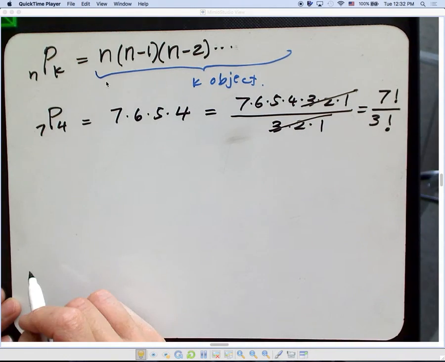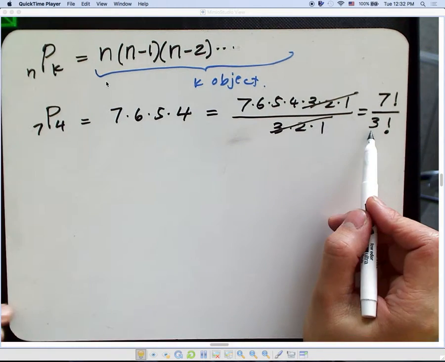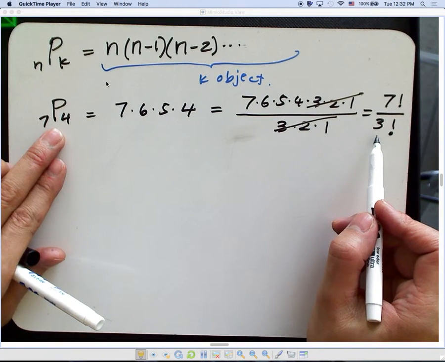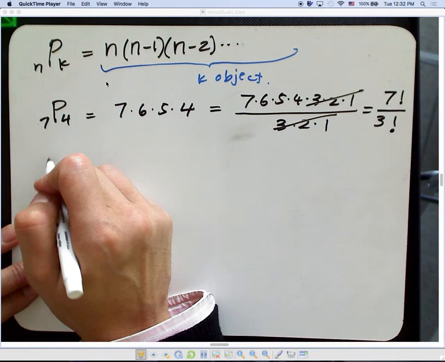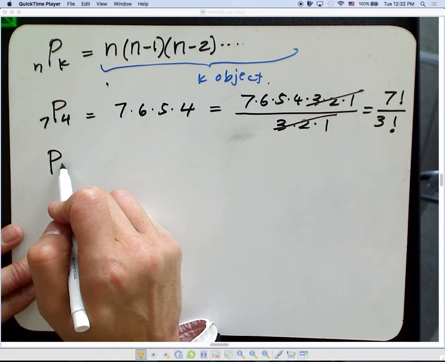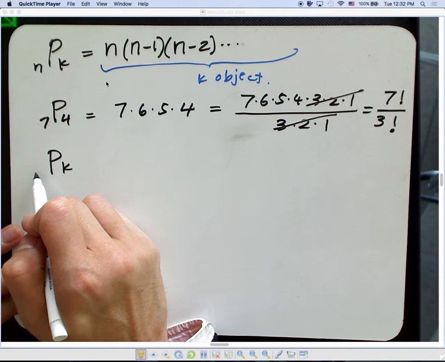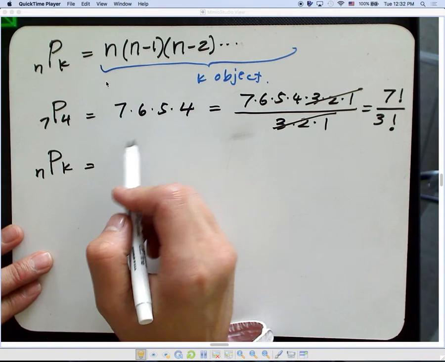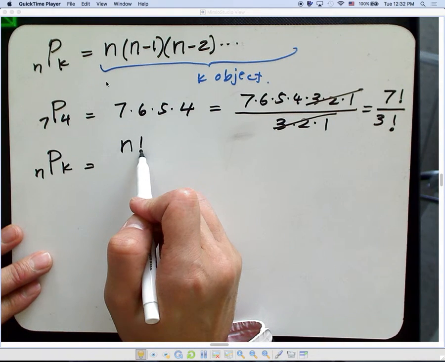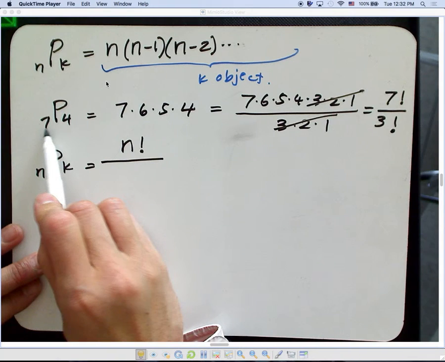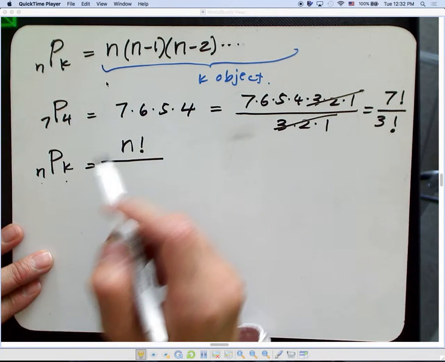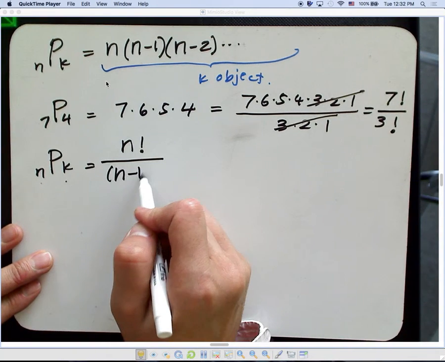That 3 comes from 7 minus 4, and the 7 factorial comes from the group size. So the permutation of k objects taken from a group of n has n factorial on the top, all over n minus k factorial.